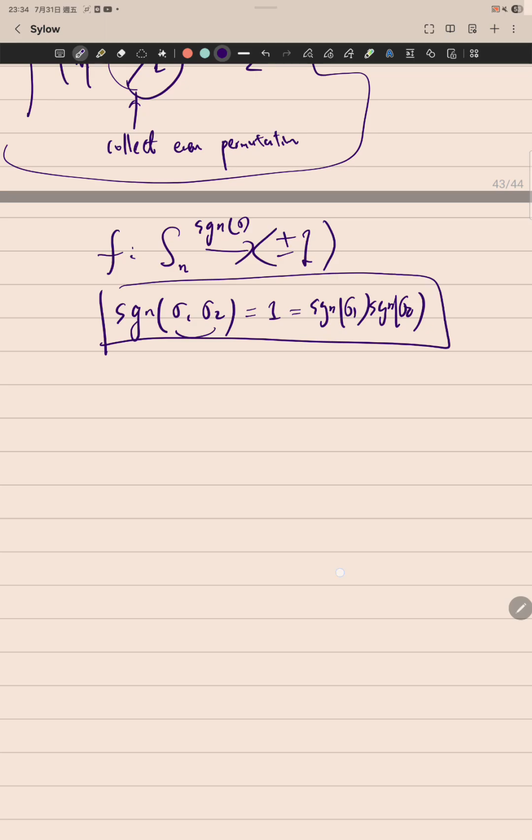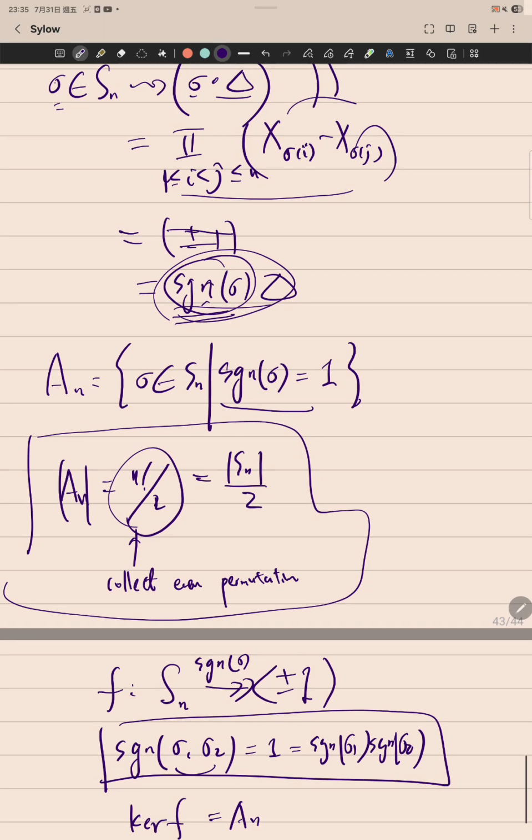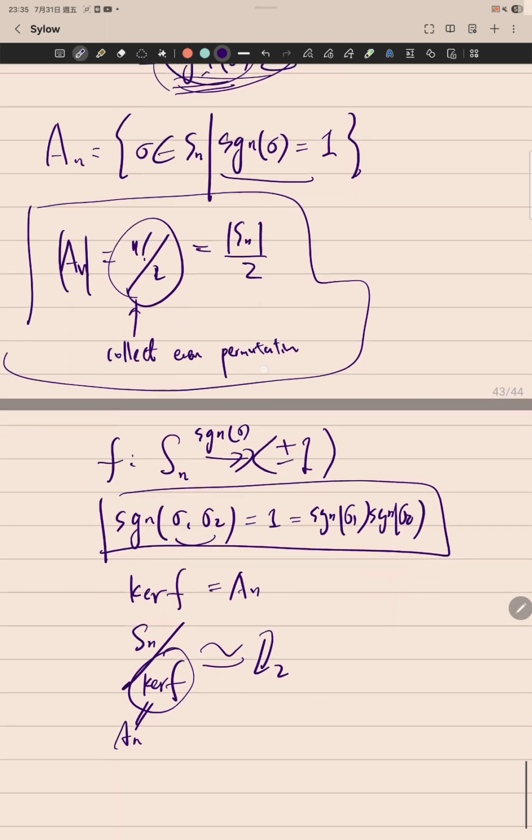So this is a homomorphism, and the map is surjective. So the kernel of this f will just be An. By the isomorphism theorem, Sn quotient by the kernel of f is isomorphic to the image, which is Z2. So the kernel of f, which is An, has cardinality the order of Sn divided by 2.